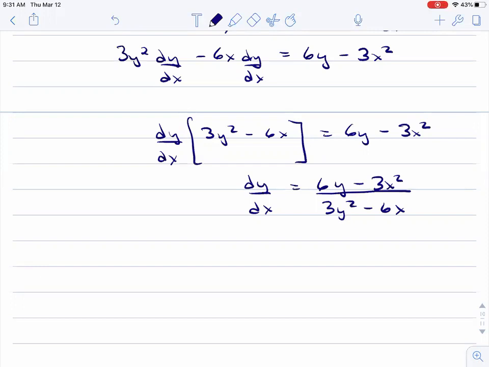We want this thing at the point (3, 3), right? So when x equals 3, y equals 3.